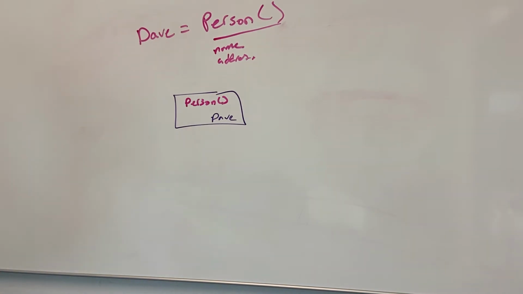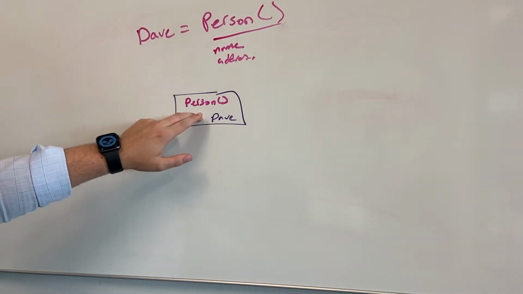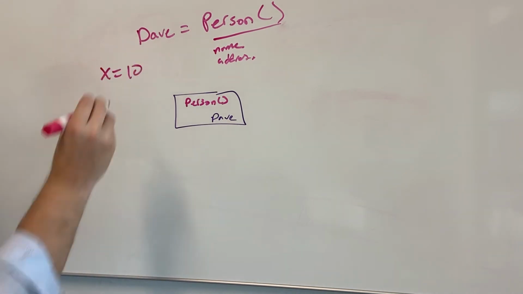And I want to bring this back to passing a variable by value or passing a variable by reference, because that's where the benefit of this thought process is going to come into play. So, having a box called Dave to hold person is fine, especially if I have x is equal to 10.